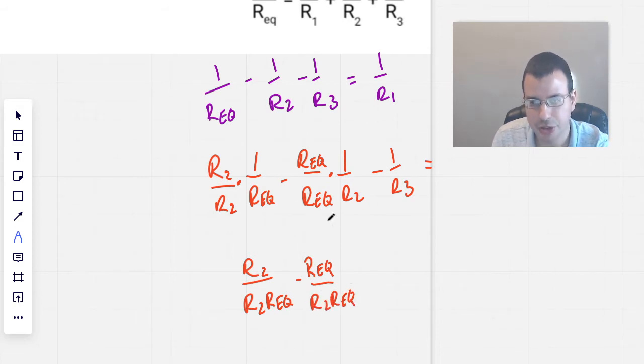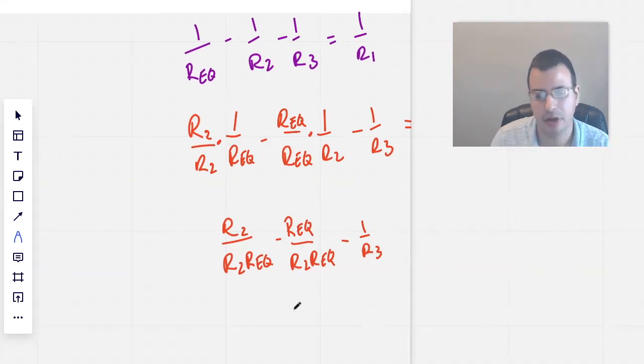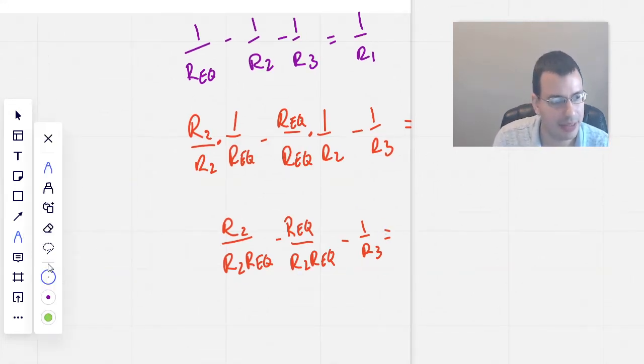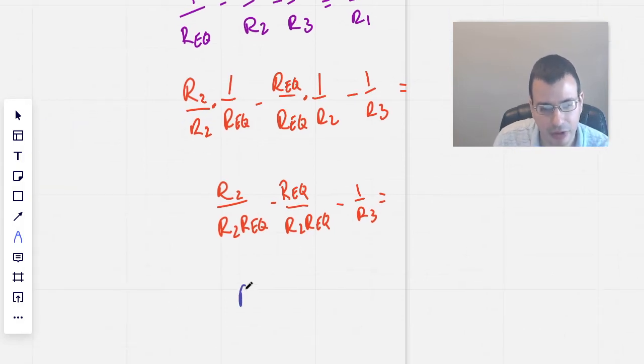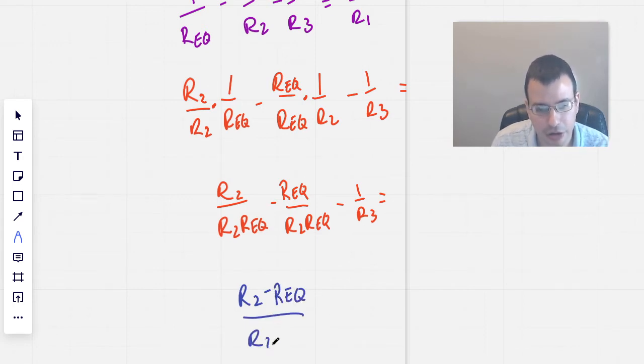And I just swapped these two around. We can do that. And so then we still have minus 1 over R3. So now since these have a common denominator, the bottom is the same, we can then combine them. So then we have R2 minus R equivalent all over R2 times R equivalent, minus 1 over R3.